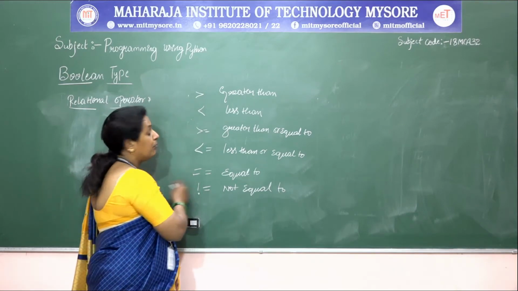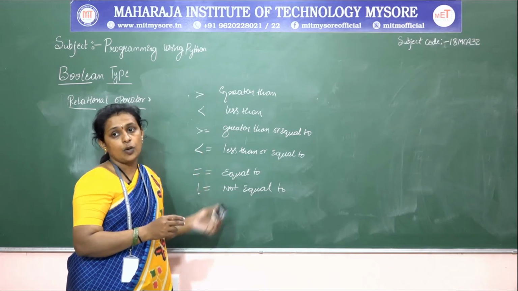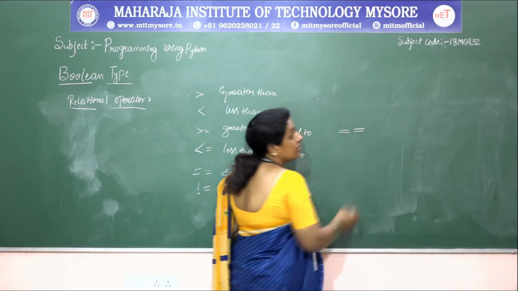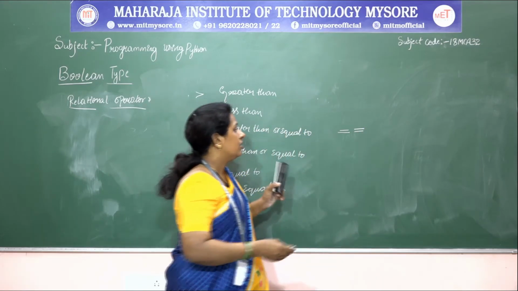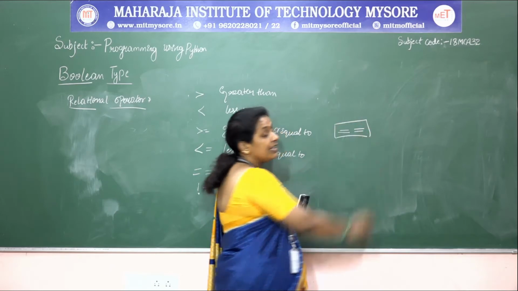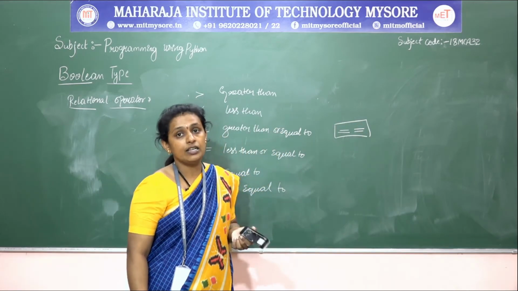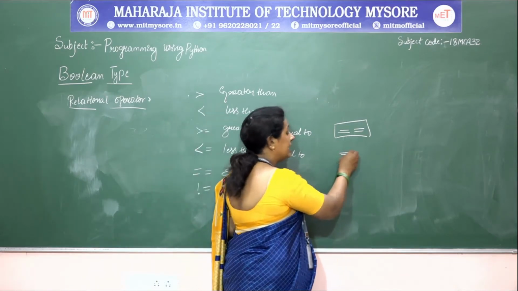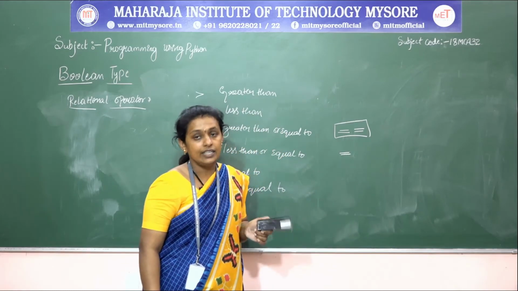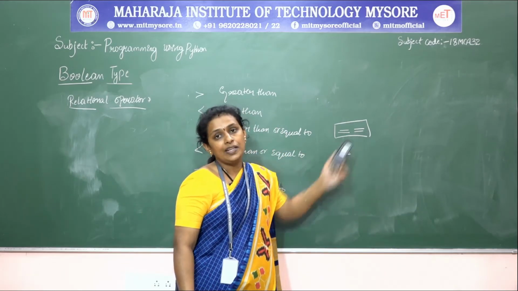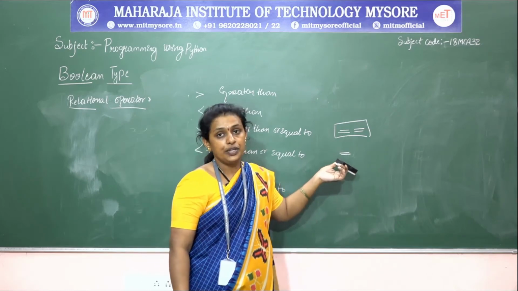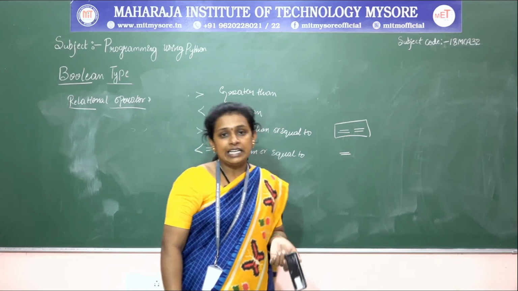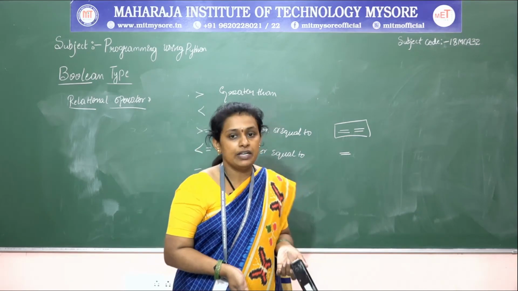The important thing to note with these operators is that we need to use double equals when we are comparing two values to check whether they are equal. Instead of writing a single equal sign, we need to use two equal signs, because with a single equal operator Python will treat it as an assignment statement.